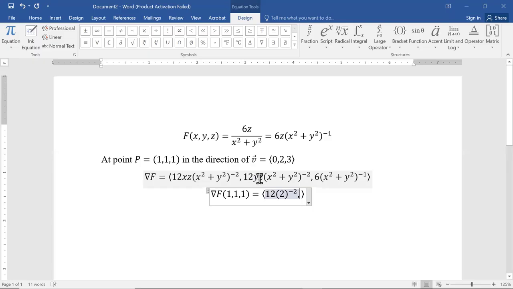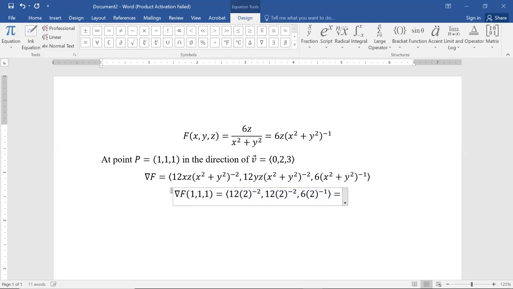Similar thing for my second component. 12 times 1 times 1 is 12 times x squared plus y squared. That's 1 squared plus 1 squared to the negative 2 power. And then for my last component, I get 6 times 1 squared plus 1 squared to the negative 1 power.